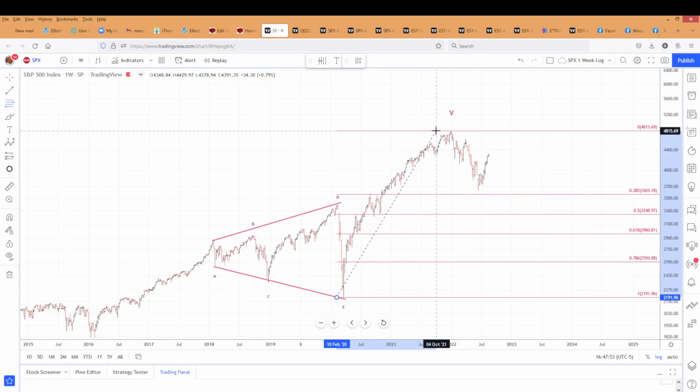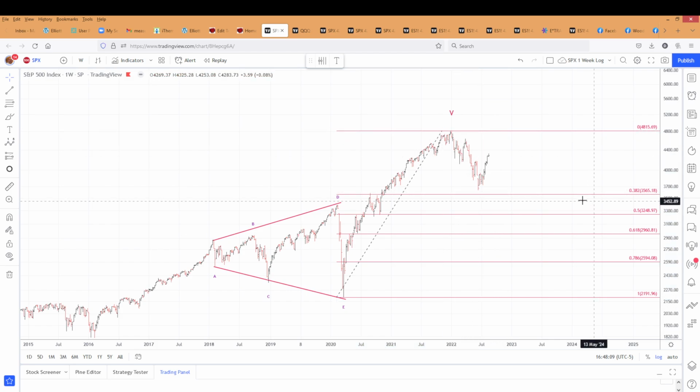I hit that pretty good, and this is, I think, 48.18 if I'm not mistaken, and I've got it at 23. Let's see if we can get a little bit closer. 1540. Well, that's off by a couple points. Anyway, it didn't quite hit the 382 yet, which is at 38.65. It's probably a couple points higher than that.